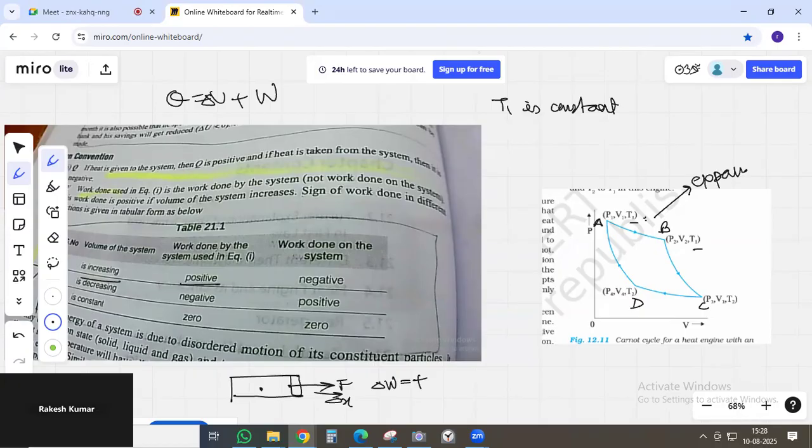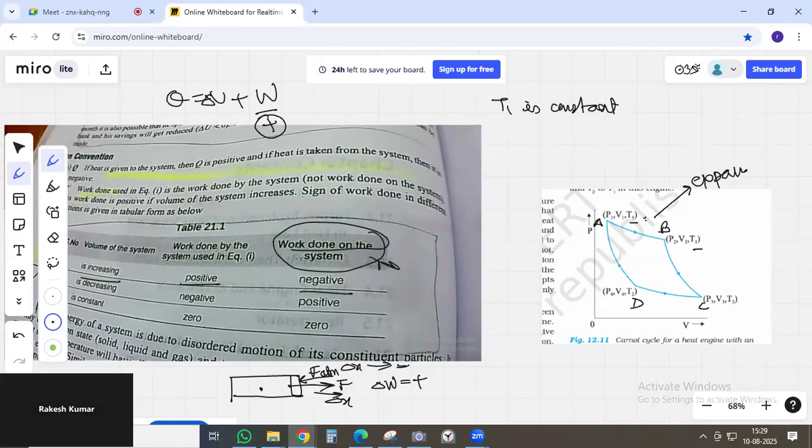The other force, the atmospheric force, is acting from outside and it is opposing. The delta x is in this direction, so this is doing negative work. This is the reason why work done on the system by the atmospheric gas outside is negative. So if they ask you, you can always visualize the forces. Then now this is positive.